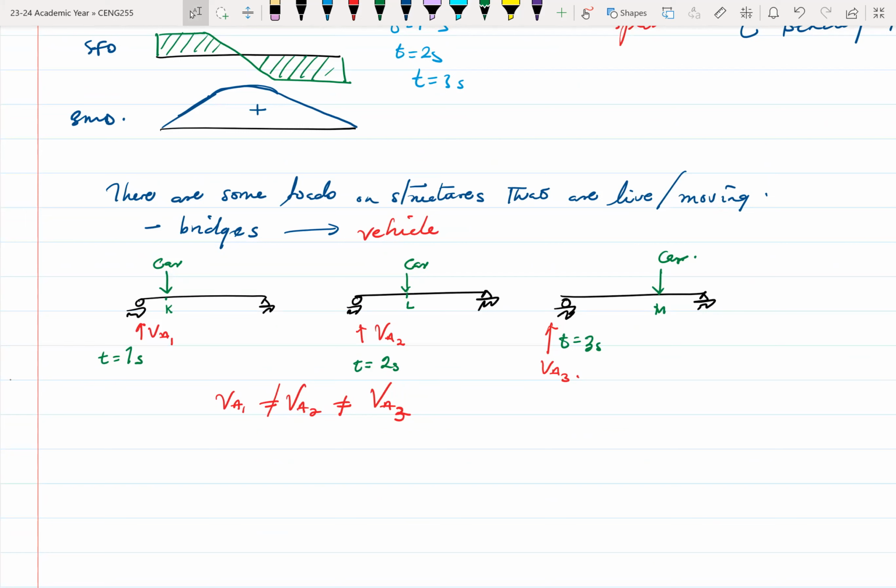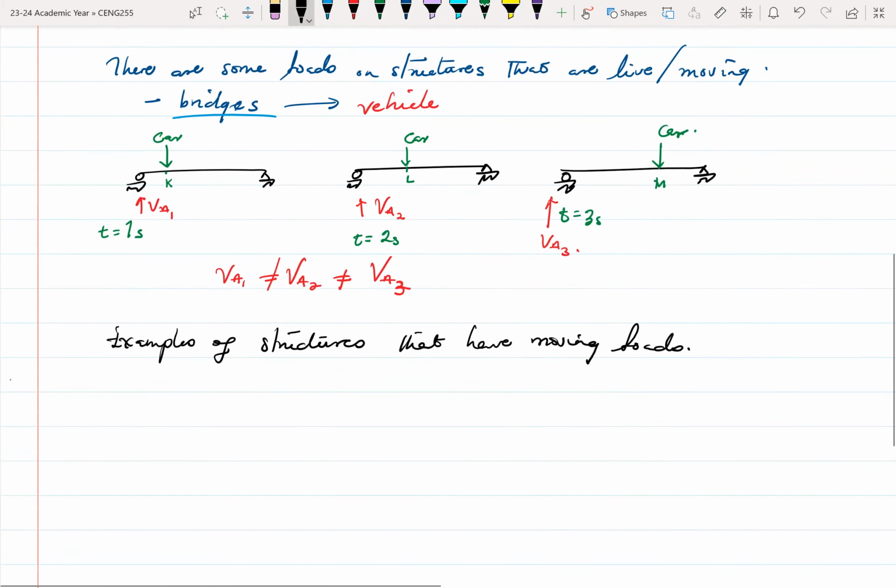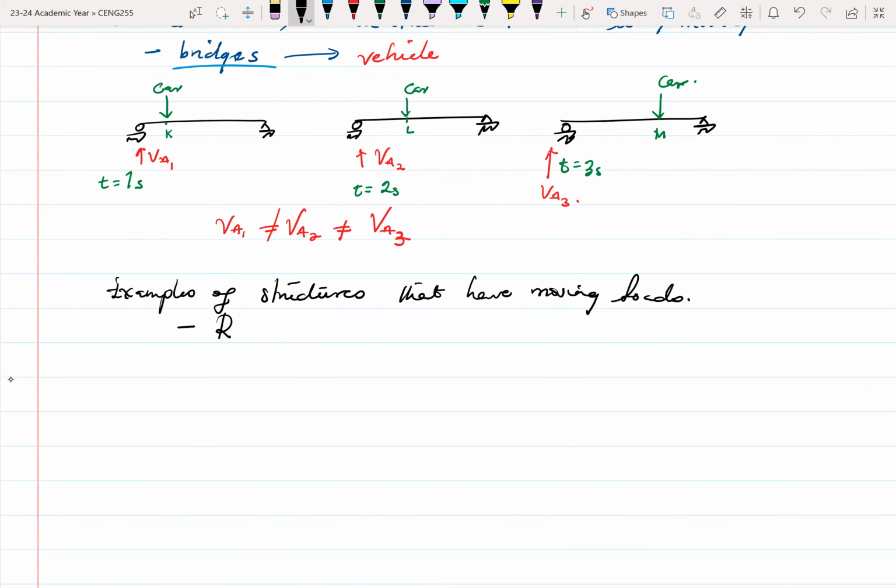So some examples of such structures are bridges, but we also have more examples of structures that experience moving loads. One example is a rail.